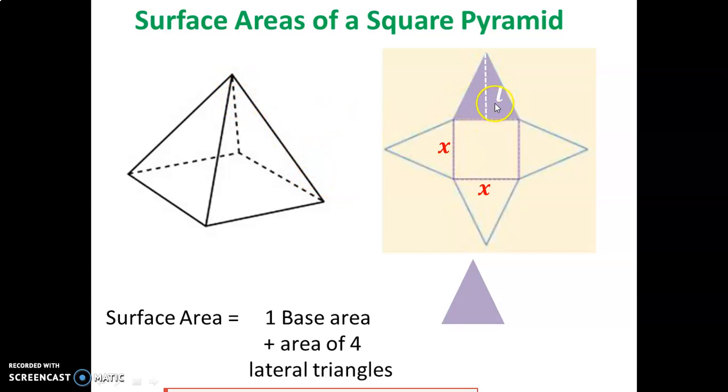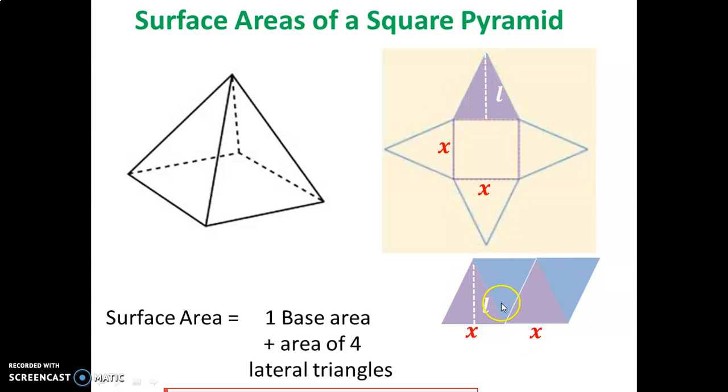So we have L, and now I'm going to take one of those triangles, put it there, take another one of those four, put it there, take another one of those four there, and there's the fourth one. We've created a parallelogram, and a parallelogram has an area of base times height, and the base here is two of those x's, because it's two of those triangles, and the height of this parallelogram is that lateral height right there.